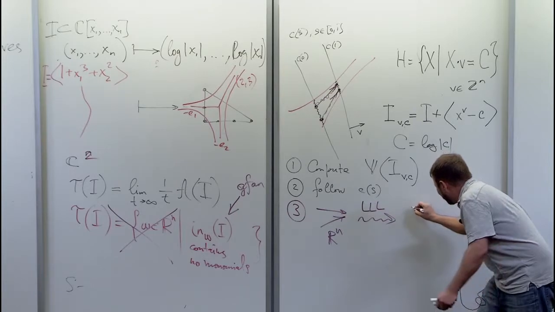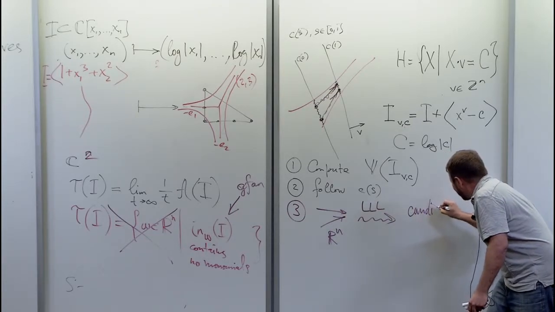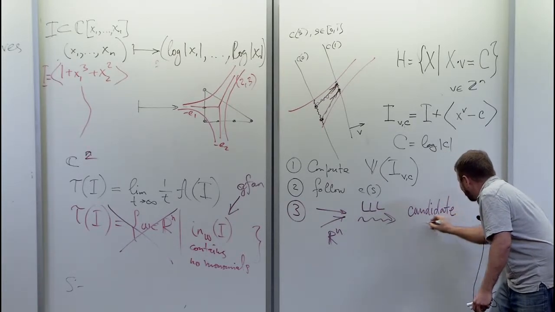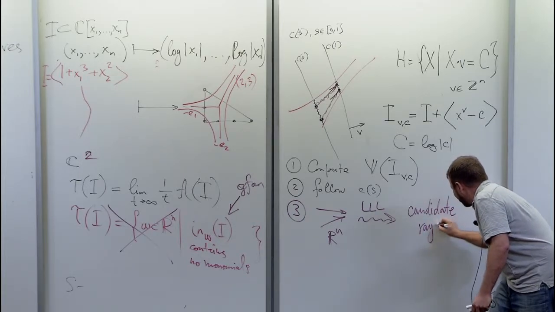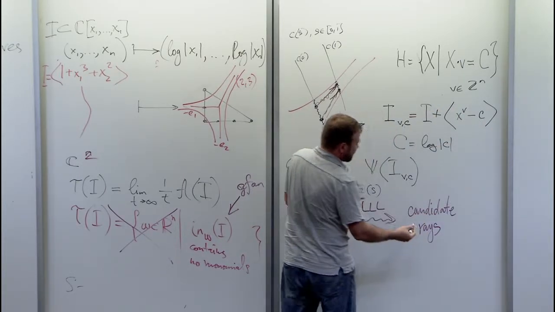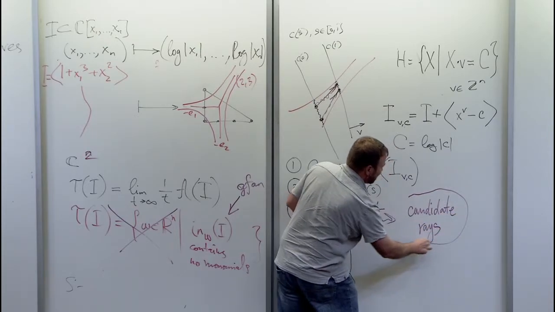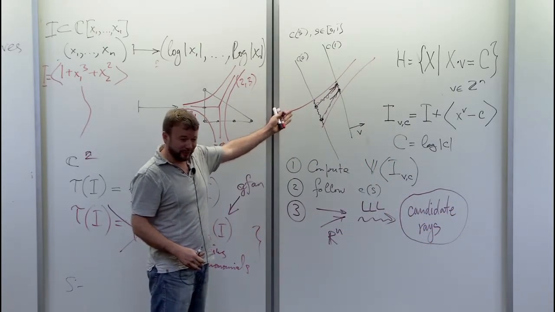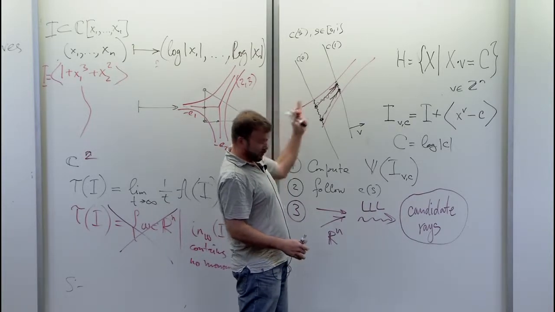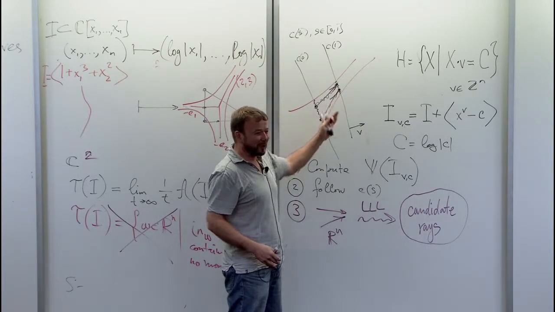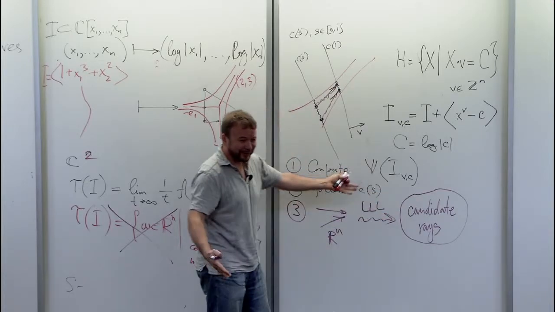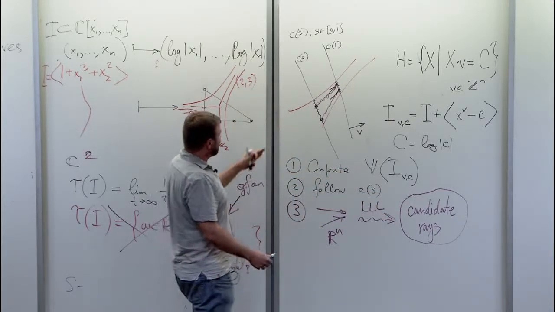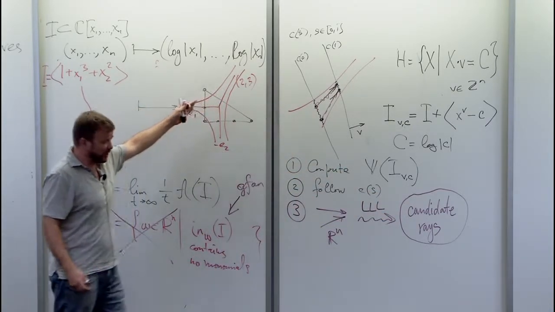So there you get your candidate rays that later we might want to do something with. So it's an experimental computation. I mean, you run it many times with many different parameters and try to get some set, which is the set of integer vectors that would generate your rays.